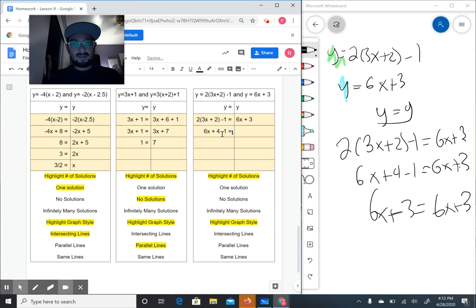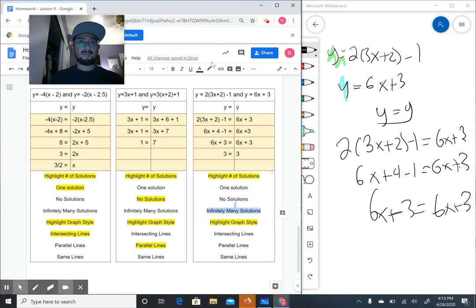Wherever you're at, as long as you're getting to the right answer, it does not matter which way you're doing it. And if 3 equals 3, that means there's infinitely many solutions. That means that they must be the same line.